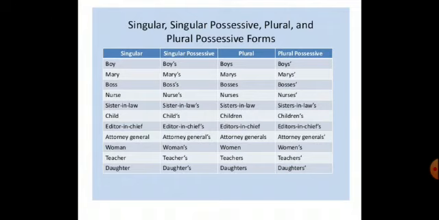I have the word boss. When I say the possessive form of the singular word, it will be boss's. How come, Miss? Are you going to put three S's? No. The double S that we have is part of the word itself. But when I add the apostrophe S, this is singular, so I will say boss's.